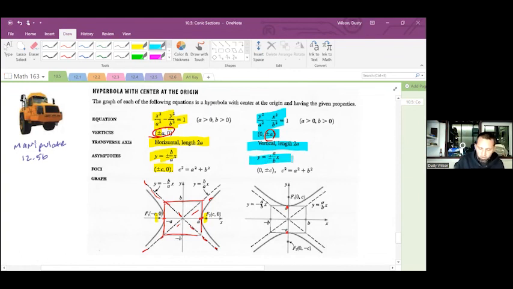Your foci are at 0 comma plus or minus c. And we know that our box will have top and bottom at plus or minus a and side to side at plus or minus b. Sketch your asymptotes, start at your fixed points, and approach the asymptotes. You get your nice, pretty sketch.